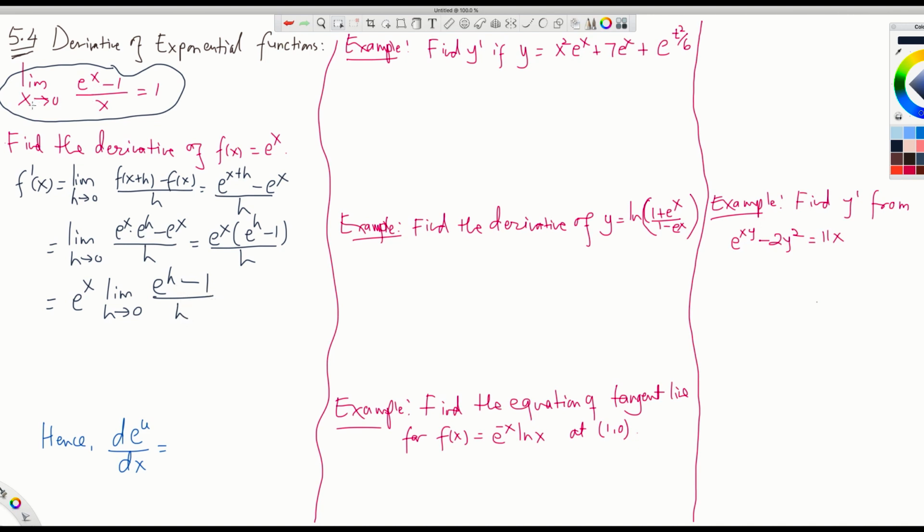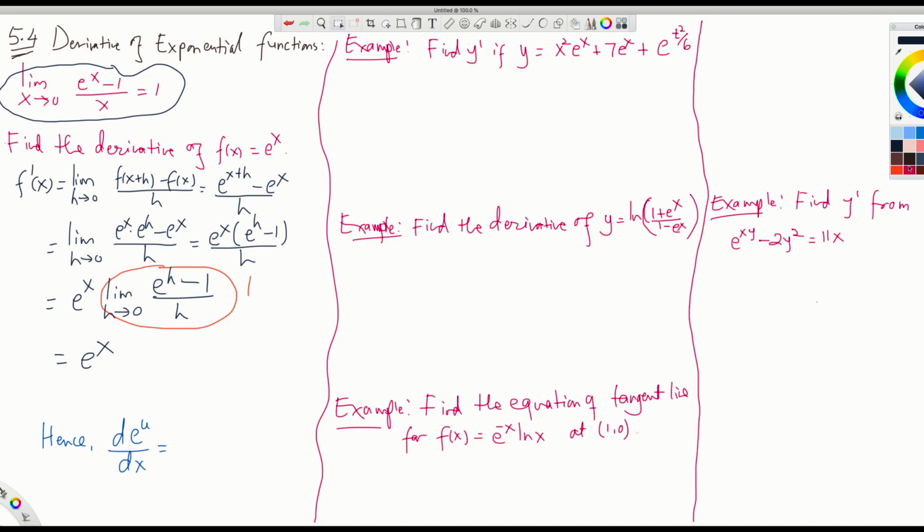Now look at this formula. It says the limit as x tends to 0 of (e to the x minus 1) over x, the same form as the limit as h tends to 0 of (e to the h minus 1) over h. So this quantity is basically 1, and what you get finally is basically e to the x.